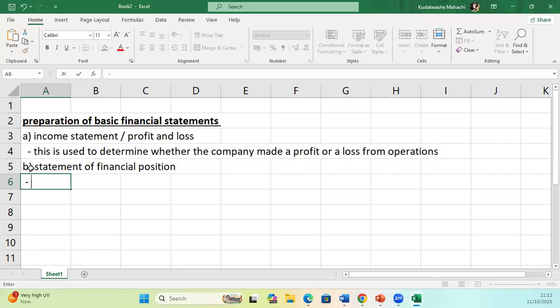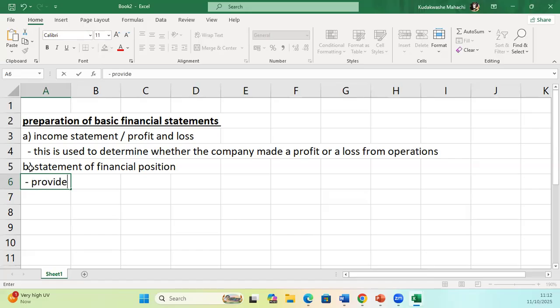This is used to give us a summary. We want to know at the end of the period how many assets we have and, consequently, how many liabilities we have. We use the statement of financial position for that.